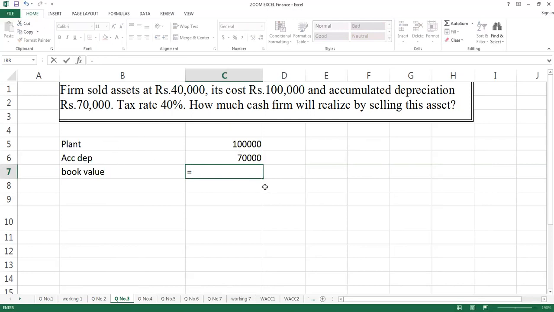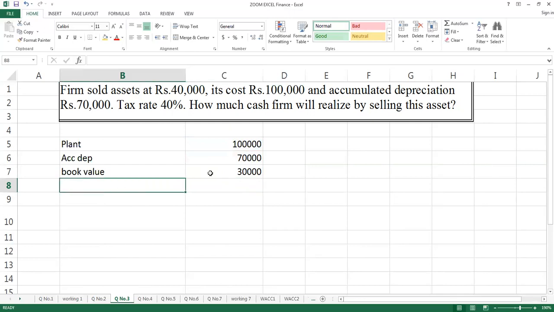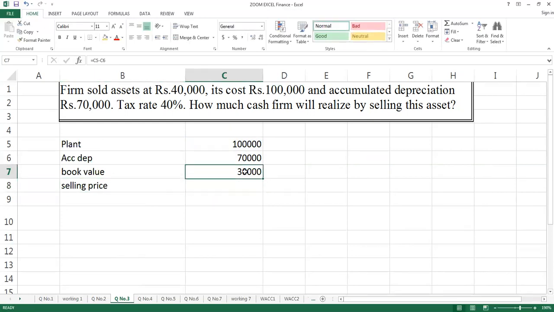No? Then please check here. I'll take the cost of the equipment minus accumulated depreciation. The difference will be the book value. Now carefully check that the book value of the machine is 30,000 while you are selling it for 40,000.